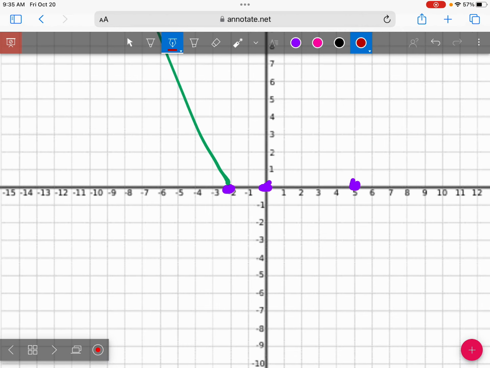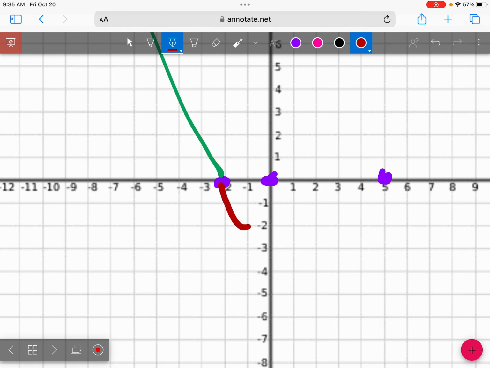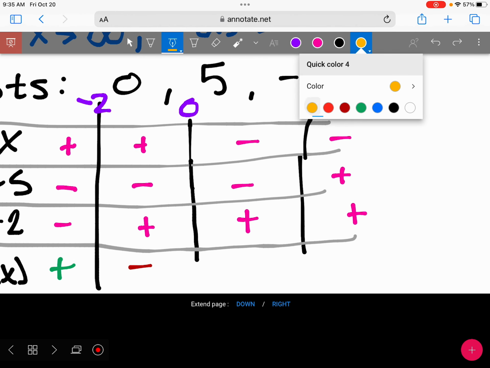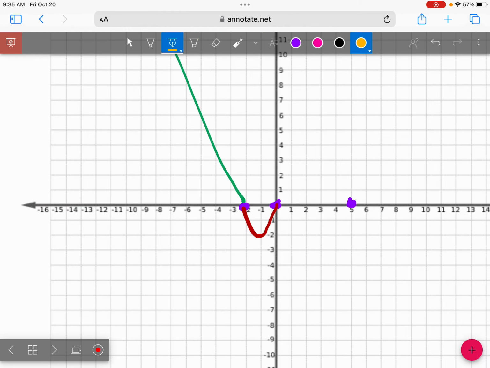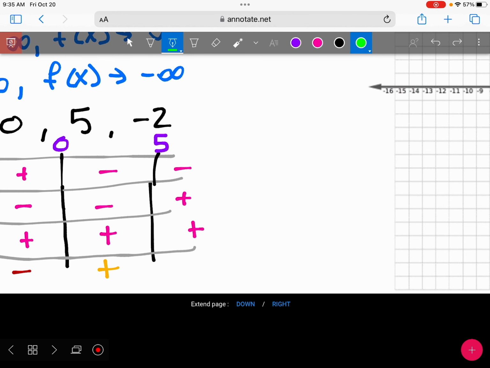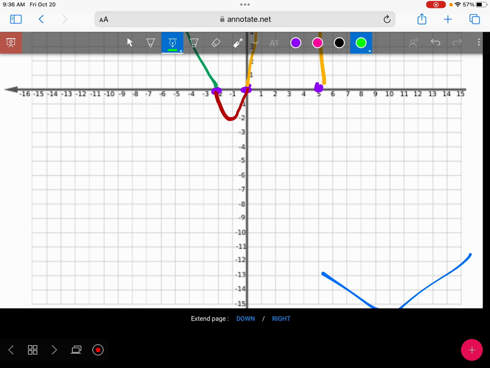That means between negative 2 and 0, our function is below the x-axis. Between 0 and 5, is our function positive or negative? Positive. So between 0 and 5, it is above the x-axis. Maybe it's real tall. And then when it's to the right of 5, is it positive or negative? Negative, meaning it is below our x-axis.